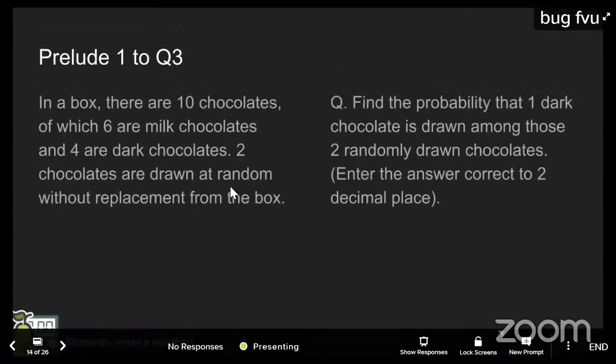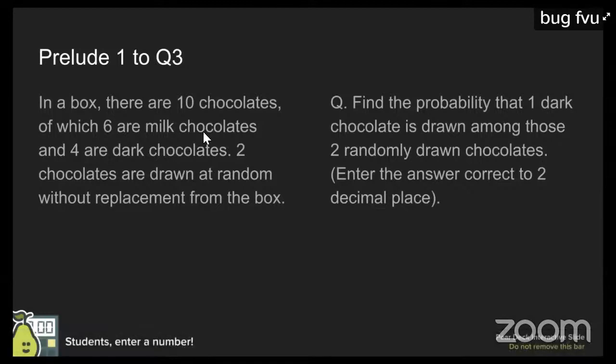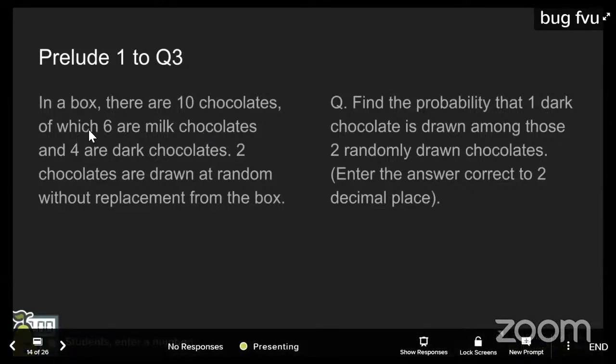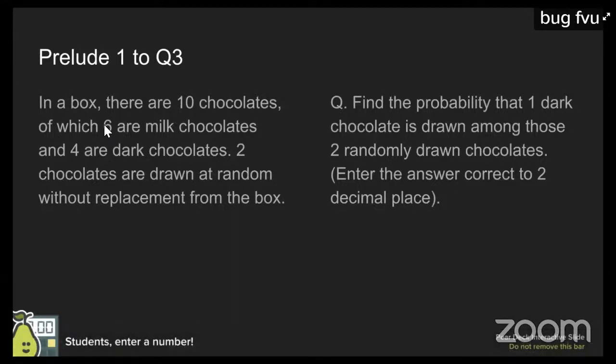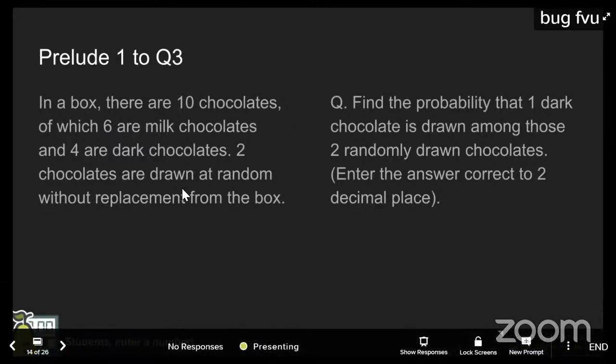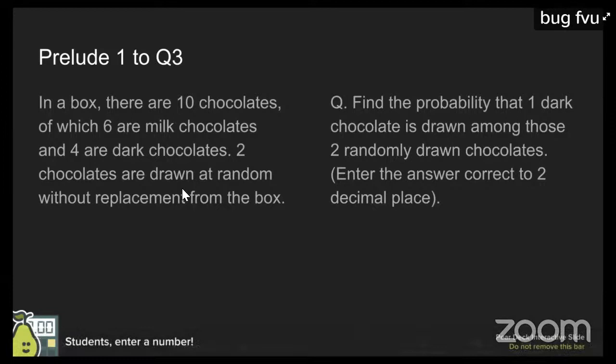Okay, moving further. This is the hypergeometric distribution someone was mentioning in the beginning of the session. You have a box with 10 chocolates in it. 6 are milk chocolates and the remaining 4 are dark chocolates. Now we are drawing 2 chocolates at random without replacement. Keep this in mind.